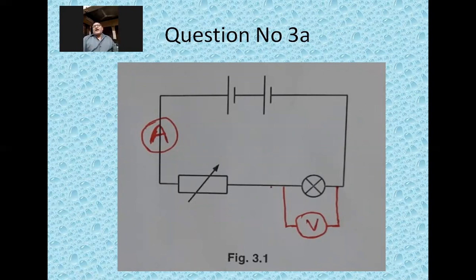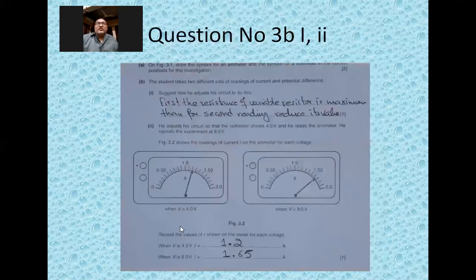After that, you can gradually decrease the variable resistor and note down the different values of voltage and current. The ammeter will tell you how much current is flowing through the lamp, and the voltmeter will tell you how much voltage is taken by that lamp. So my answer here: first the resistance of the variable resistor is maximum. Then for the second reading, reduce its value. I mean, reduce the resistance.